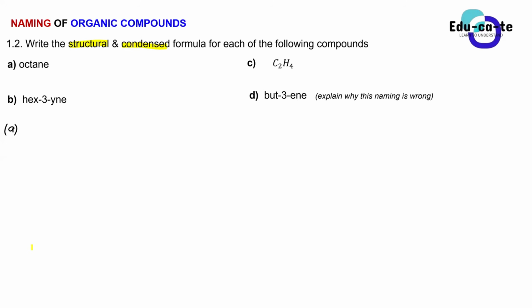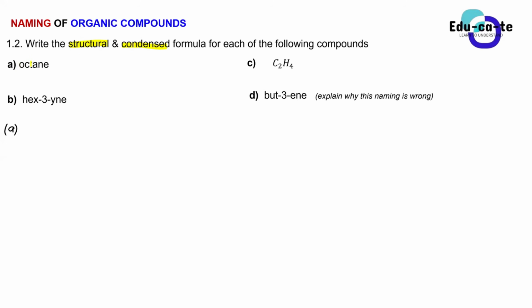One person at a time by the show of hands. Yes, Oliver. So you want us to do the structural one first, right? Yes. So we're going to have 8 carbons, all joined by a single bond, bonded to hydrogen.